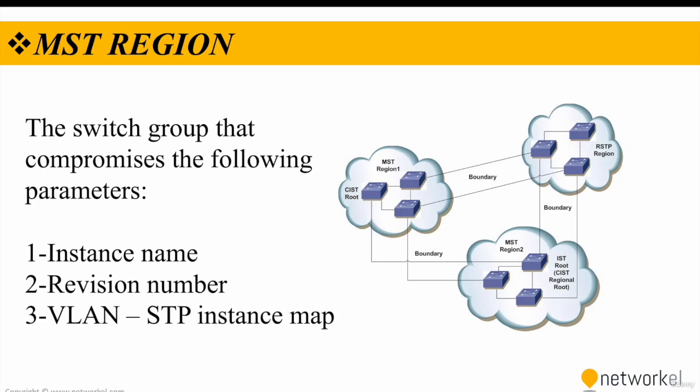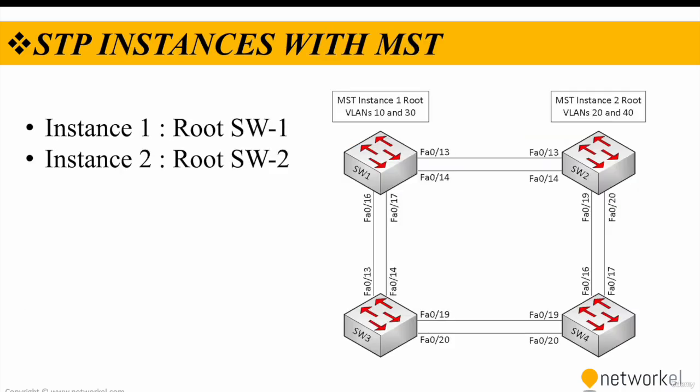This grouping ensures that all switches within the same MST region have a consistent view of the spanning tree and can efficiently manage VLAN traffic. Details are not shared between different MST regions, and different regions can see each other as virtual bridges. One of these regions is used for inter-region communication, and that is called a regional root bridge.